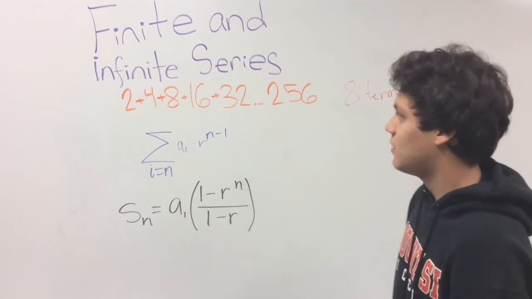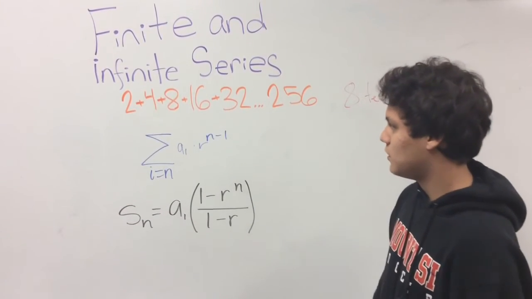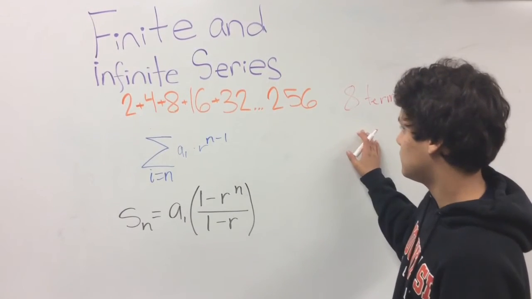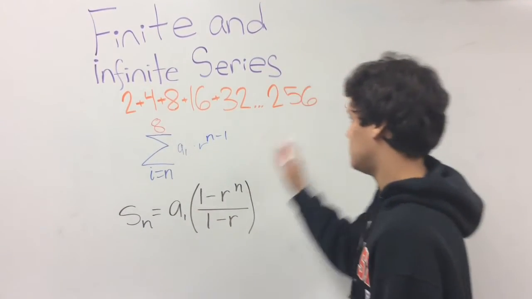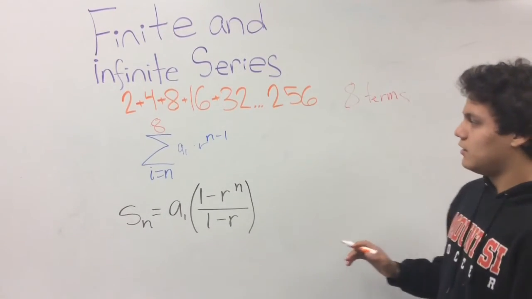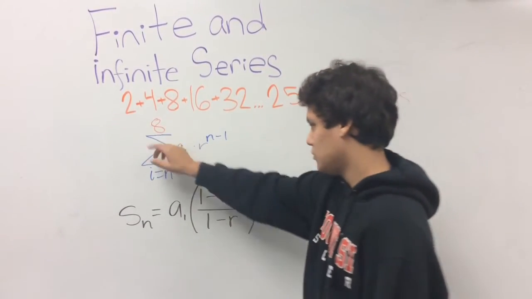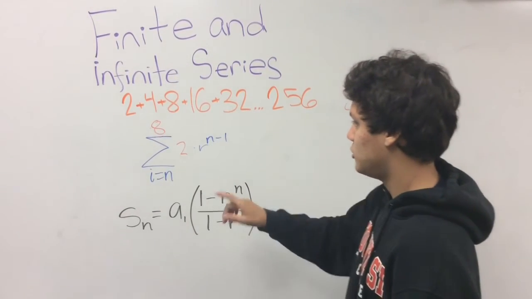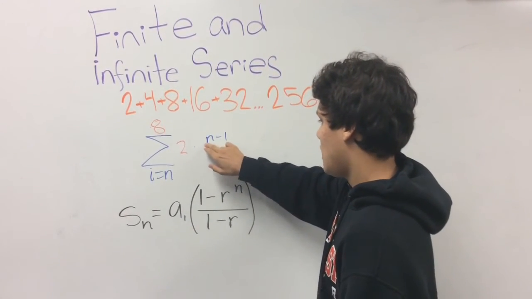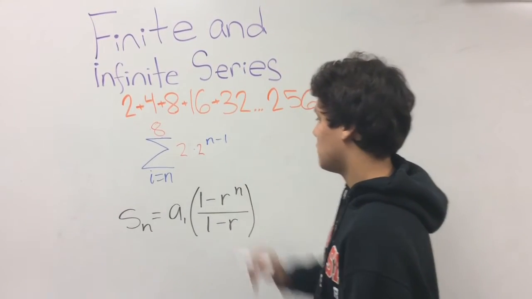Okay, so to find the sum of a finite series, you can take the number of terms that you want to find the sum of, and you put it into the sigma notation, which is 8 in this case. And then you take the first term, which is 2, and you put it in the equation, and you take the common ratio, which is also 2, and you put it into this equation, and then you can put it into your calculator.